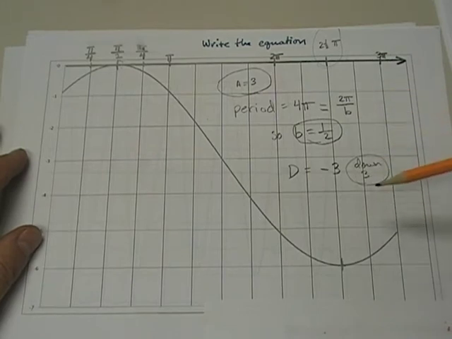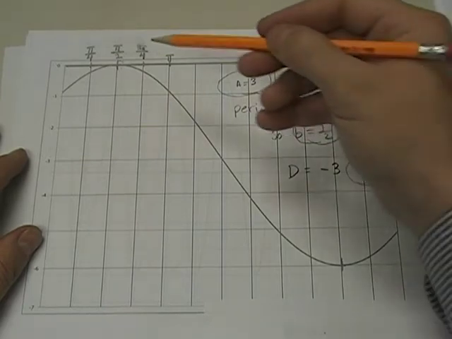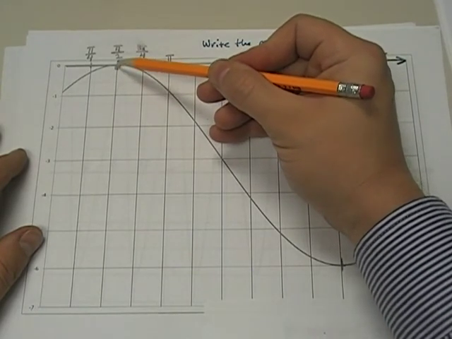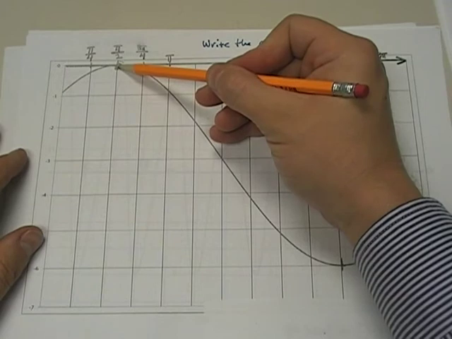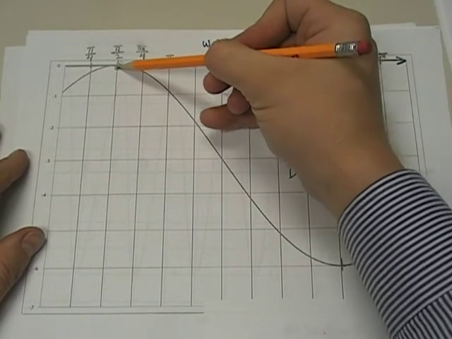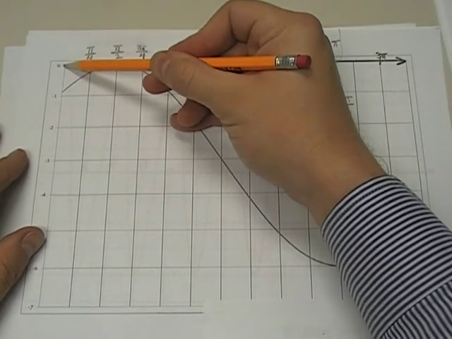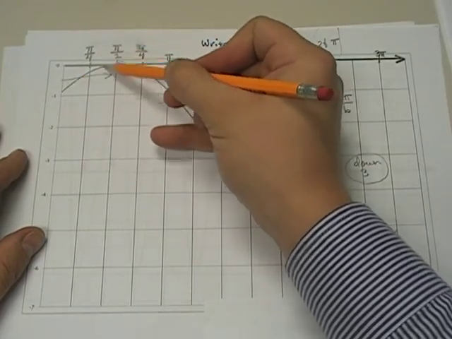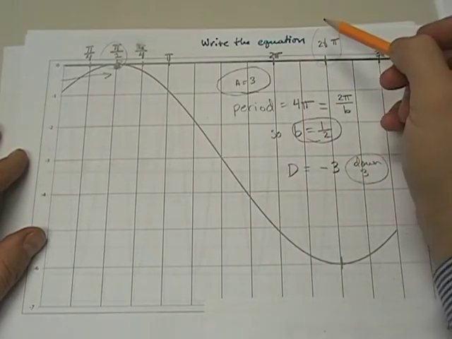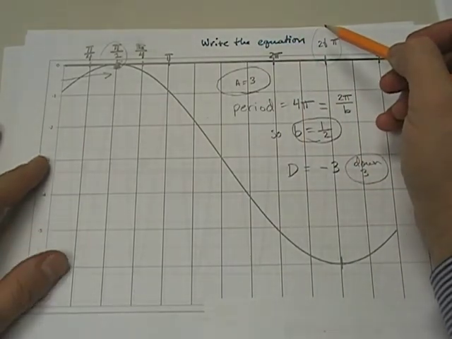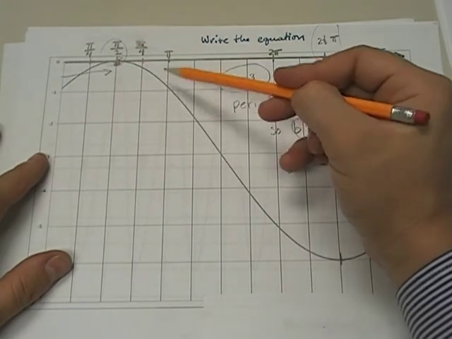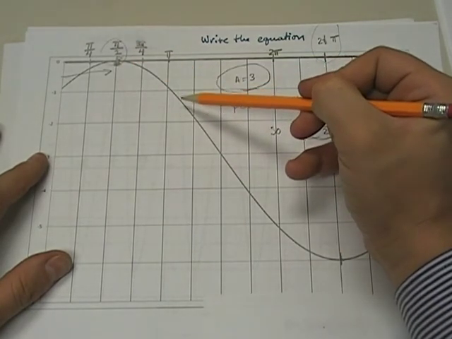Cosine is supposed to start at the maximum. And I look and say, well, there's a peak, there's the maximum. Cosine is supposed to start there. So this point should be here, and it's been shifted to the right by pi over 2 units. So if I write a cosine equation, I can shift it to the right pi over 2 units, and it will be this exact graph.